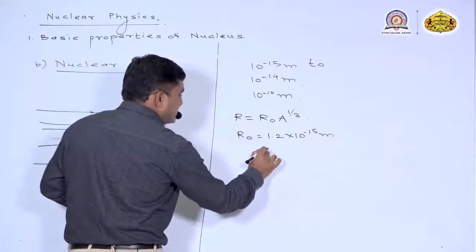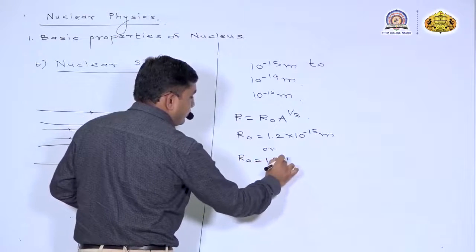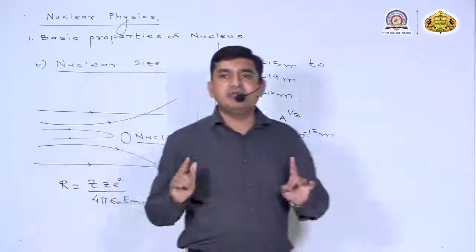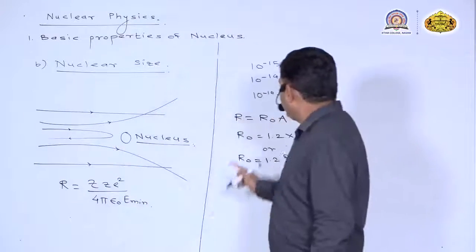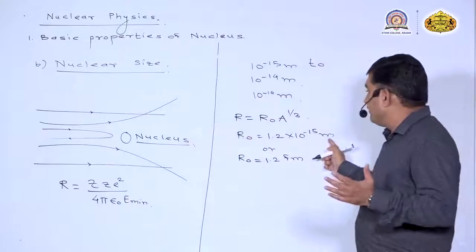Or we can say that R0 is equal to 1.2 Fermi, where 1 Fermi means 10 raised to minus 15 meter. Okay, so R0 is 1.2 into 10 raised to minus 15 meter.